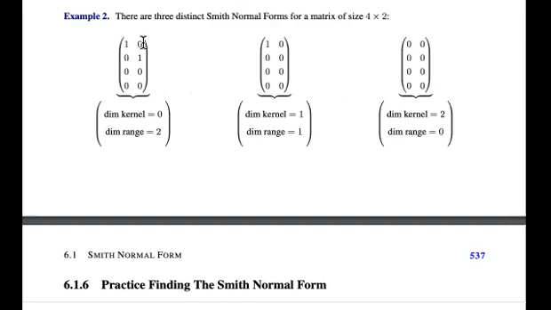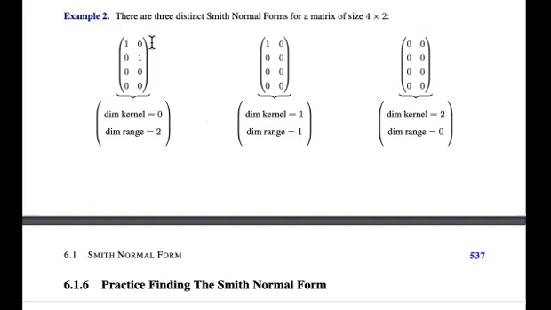The codomain lives in 4-tuple land, tuples of 4 things, so it lives in R4. The range is 2, so the image of everything from the domain going into the codomain provides a dimension of 2. A dimension of 2 in a space of dimension 4 clearly doesn't hit everything, so this is not surjective.